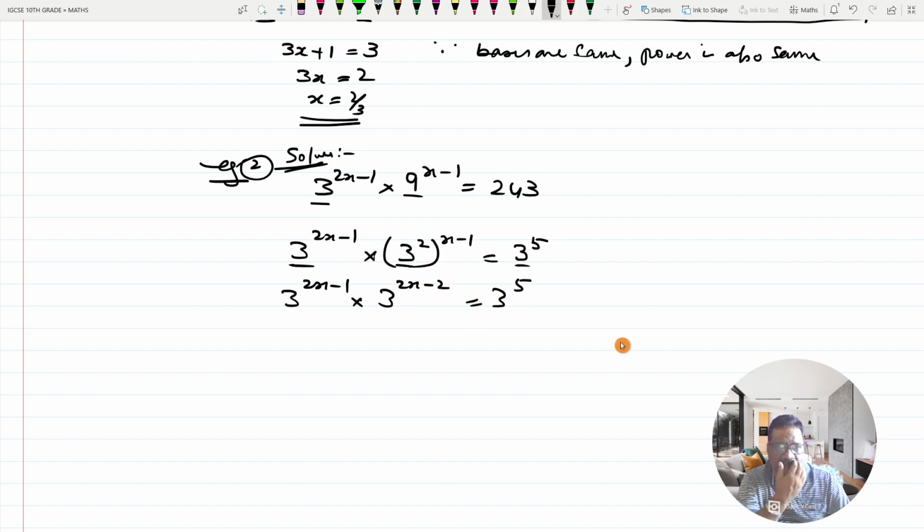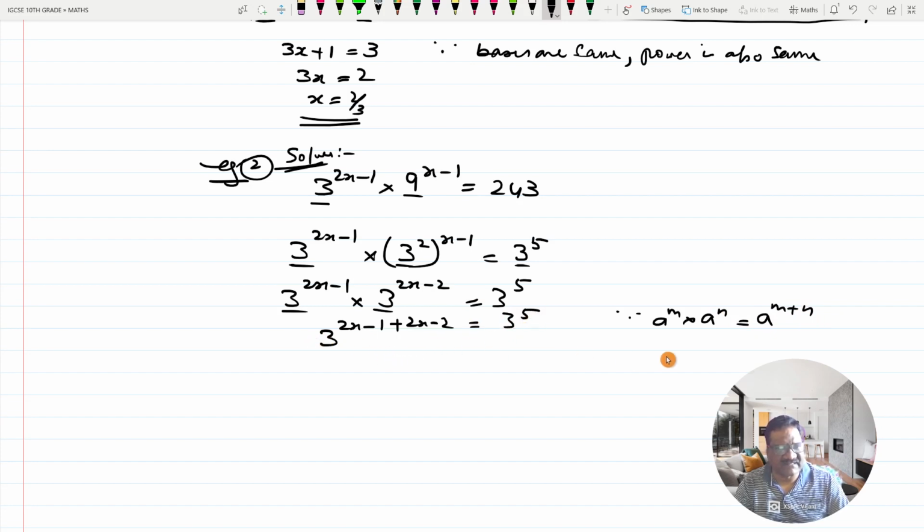Got it? Now because these two are same bases and there's a multiplication over there, by the first law itself, this will work out to 3 raised to 2x minus 1 plus 2x minus 2. So I can write here a raised to m into a raised to n is equal to a raised to m plus n, equal to 3 raised to 5.